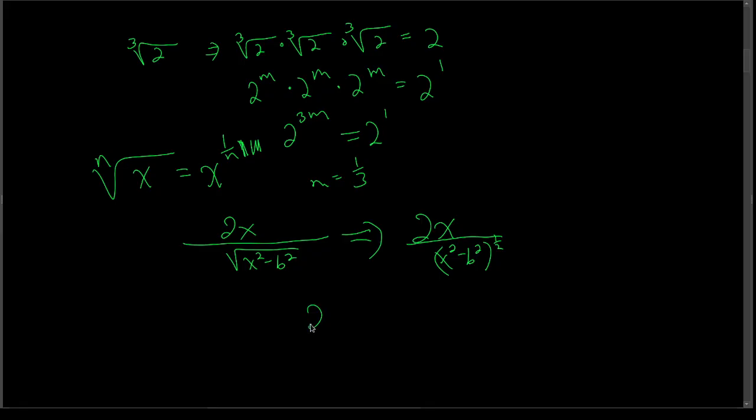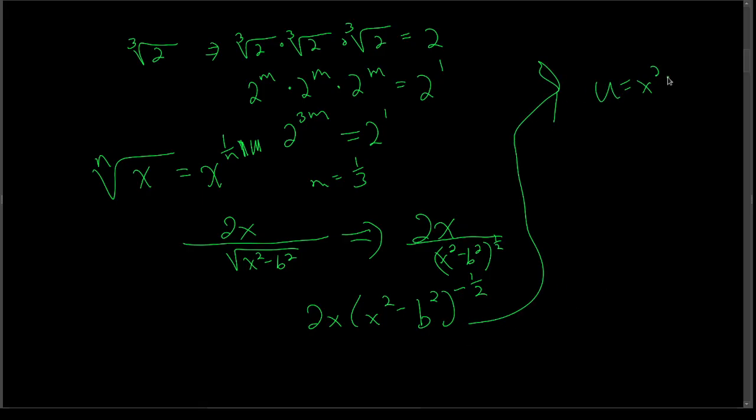And if we translate it further, 2x times x squared minus b squared to the negative 1/2. And this is ripe for u substitution, because I can say u is equal to x squared minus b squared, so du is 2x dx, and that means that this is part of the du, and this is u to the negative 1/2, or 1 over the square root of u.